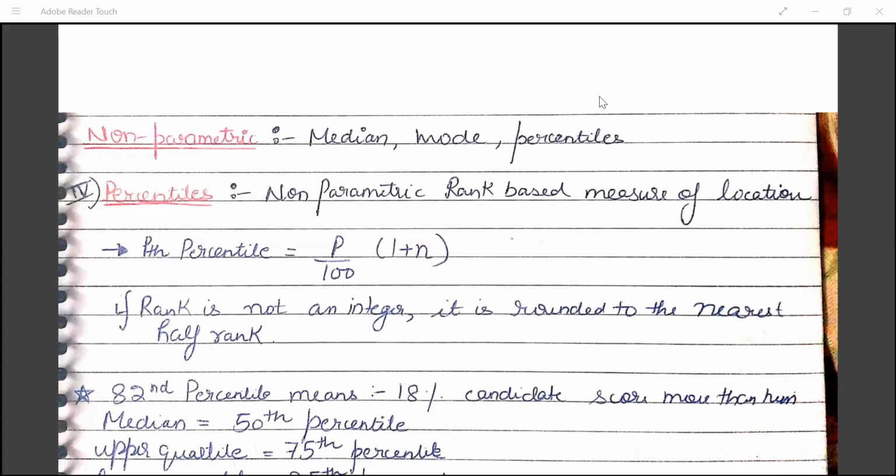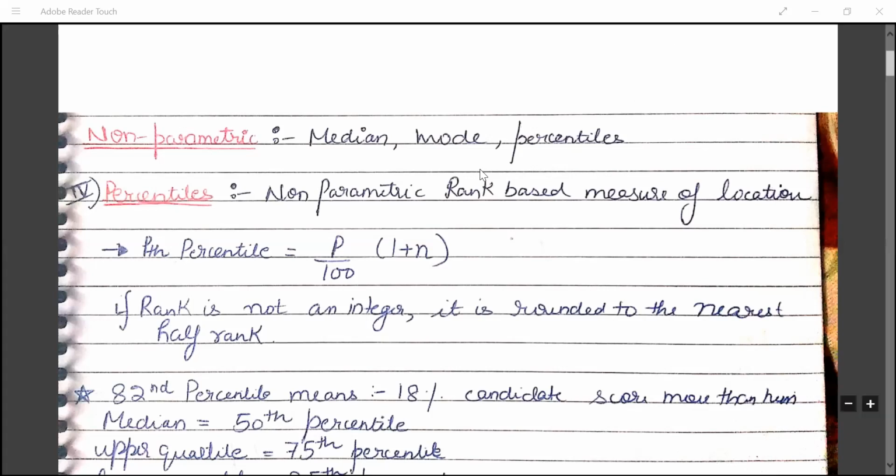If we say 50th percentile, that means 50% of students are scoring below that mark and 50% are scoring above that mark. So basically the 50th percentile is the median. Median means the middlemost value, that is 50% of things are below it and 50% are above it. So median is the 50th percentile.